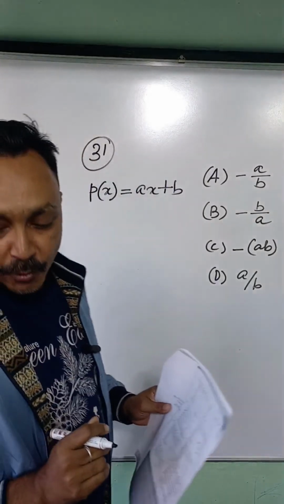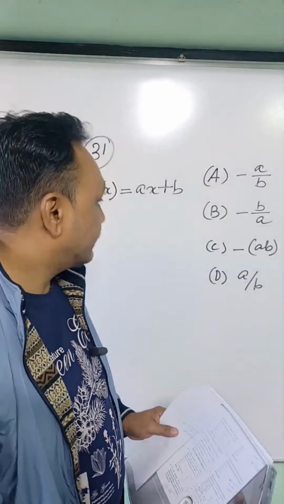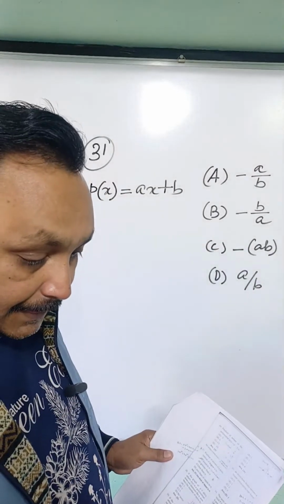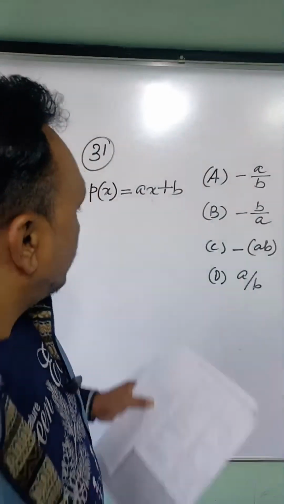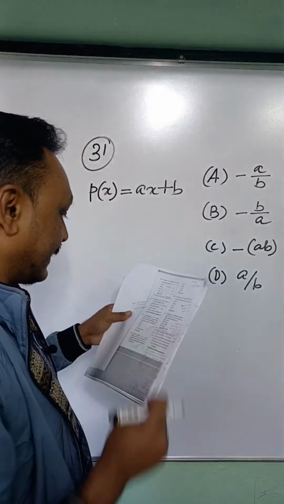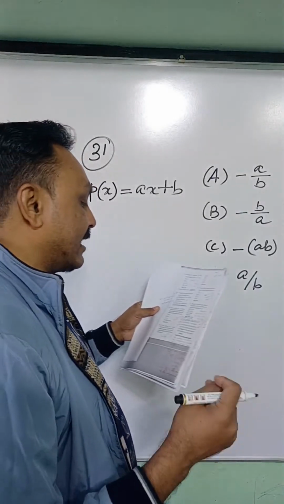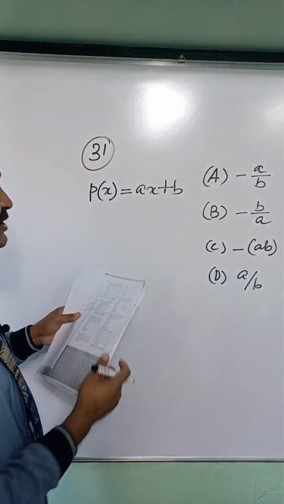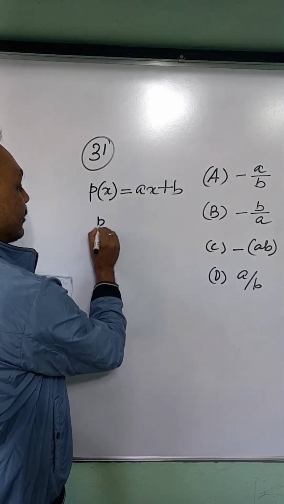This is the linear polynomial. So we have to find the zeros of this linear polynomial, right?